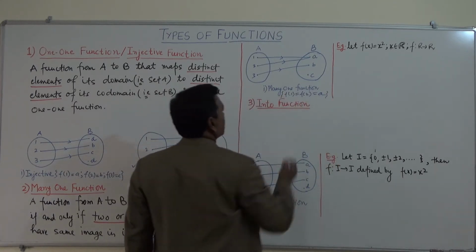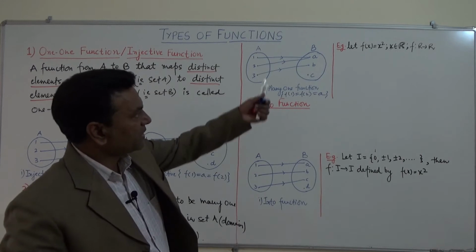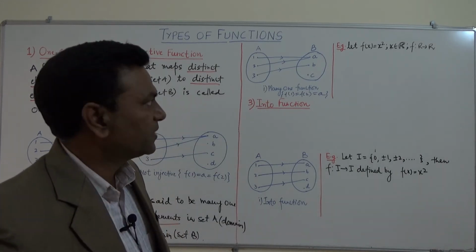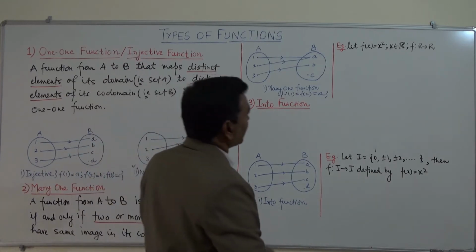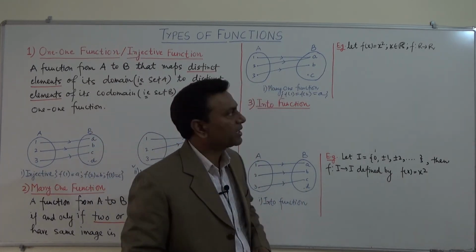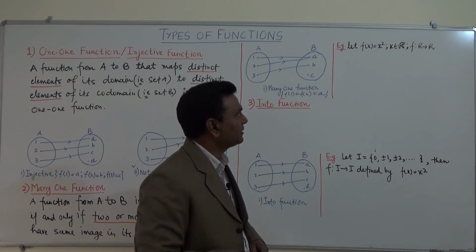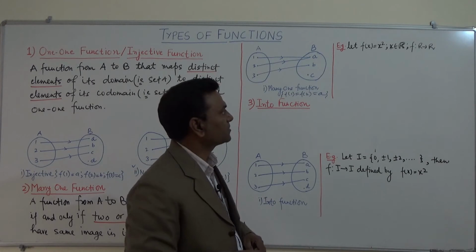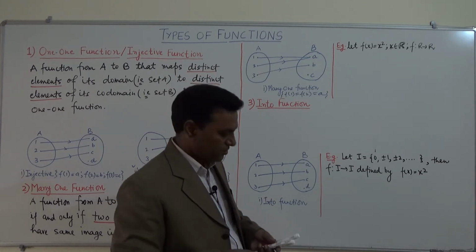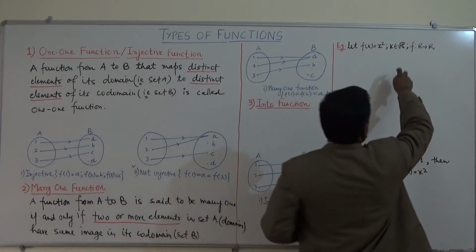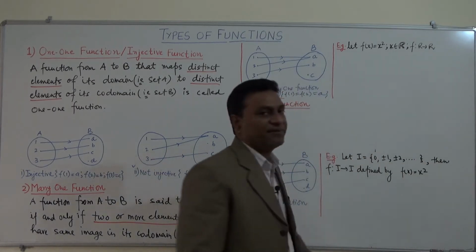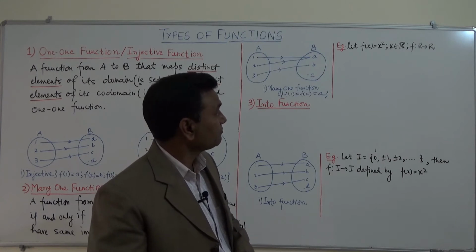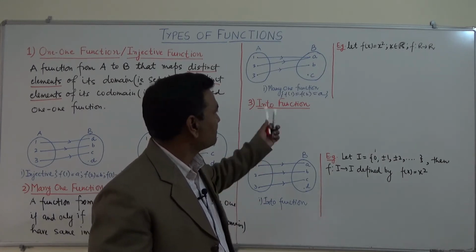For example, let f(x) equals x square, where x belongs to the set of real numbers and f is from R to R. Then this is a many-one function.